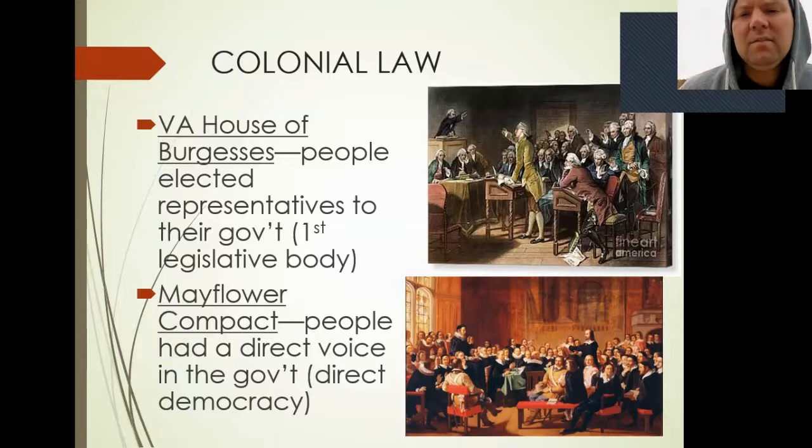And basically what this developed was a system of direct democracy, where basically the men and women would gather in these town meetings, and they would make decisions collectively, usually at a church or a town hall or something like that.